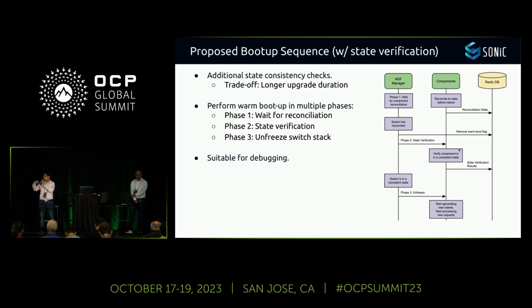You want to figure out reconciliation bugs. So this sequence can be used at that time, where you wait for reconciliation from all components. Once the switch stack is reconciled, you trigger a state verification. When everyone reports that they are in a consistent state, you then send an unfreeze notification so that applications can start generating new intents.